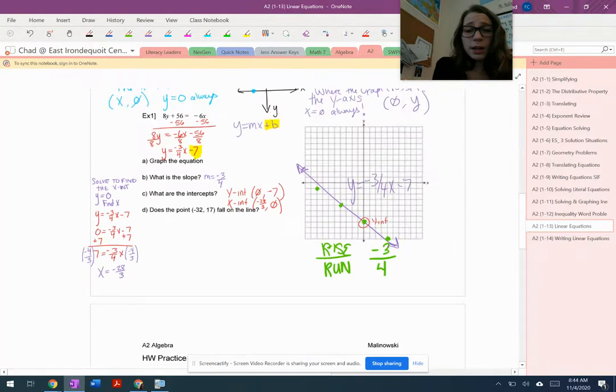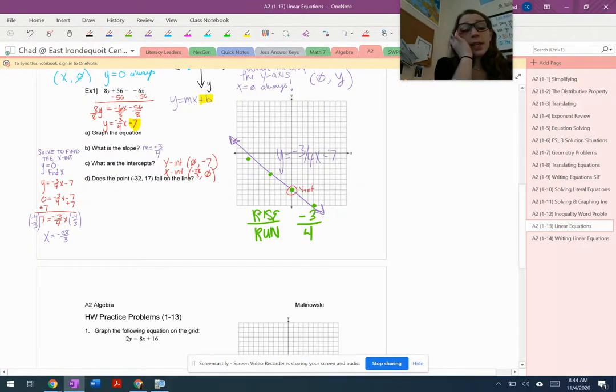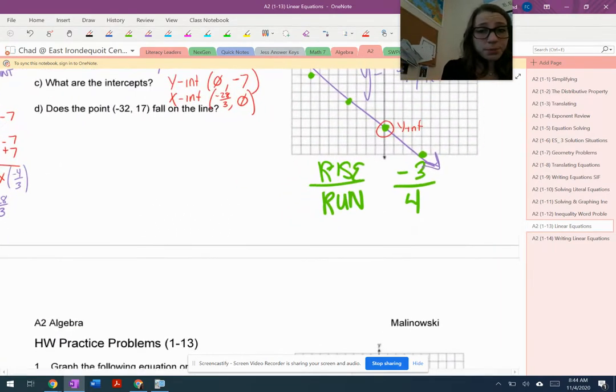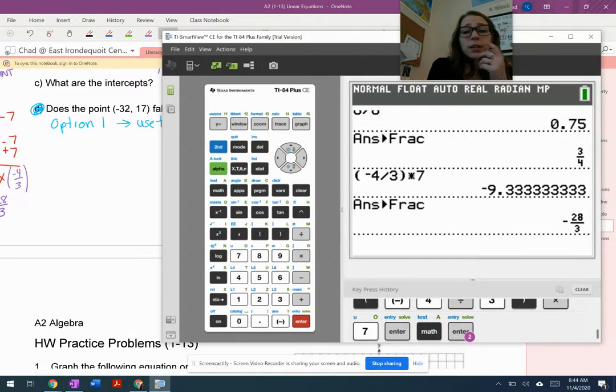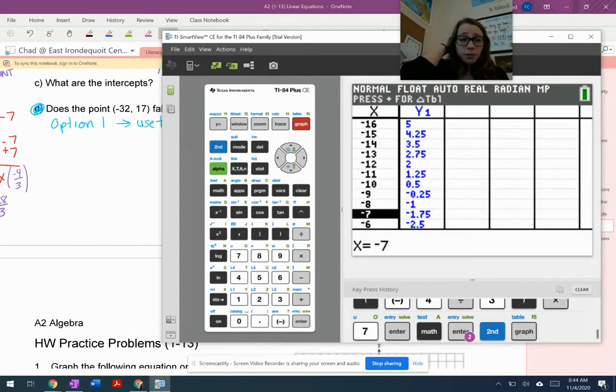And now, last but not least, part D is asking us if this point falls on the line. For D, you have two options. Option 1 is use the calculator. Just go to the second table and look for that point.